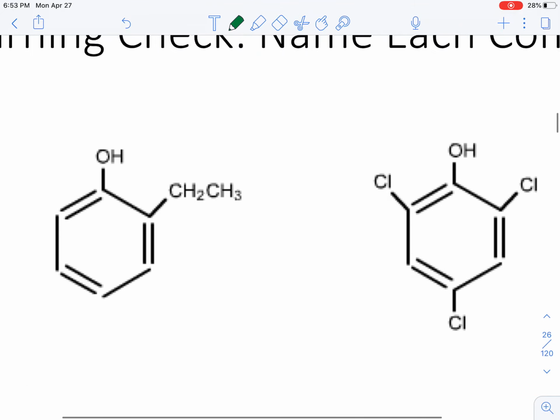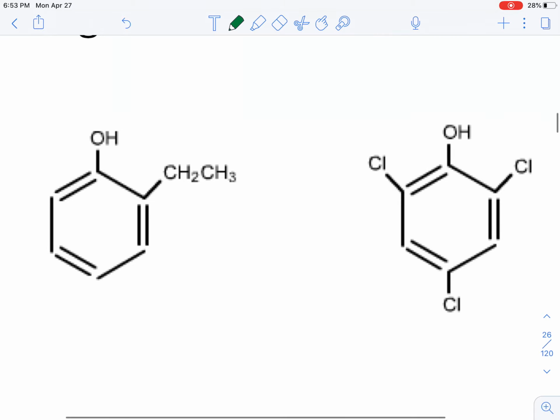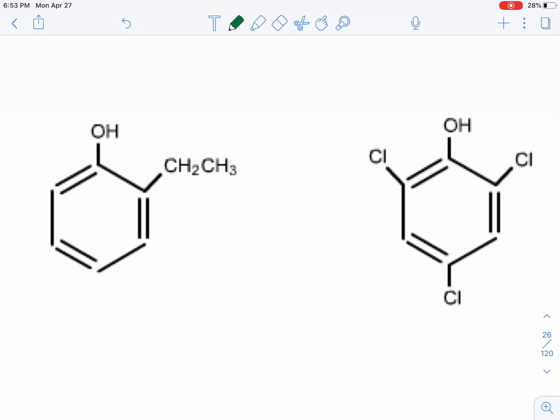Let's look at both of these two structures. Once again, we have this hydroxyl that's covalently bonded to this benzene ring. Wherever this hydroxyl group is bonded to the carbon, that's going to be carbon number 1.